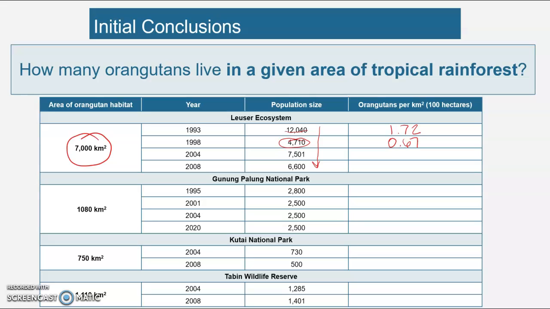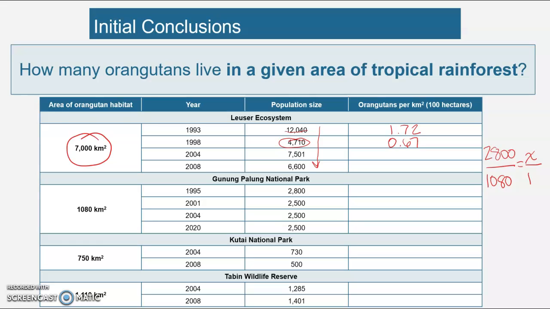Let's do one more together. I'll just go down to the next national park. We are going to look at the year 1995. And we had 2,800 orangutans in a 1,080 square kilometer national park.